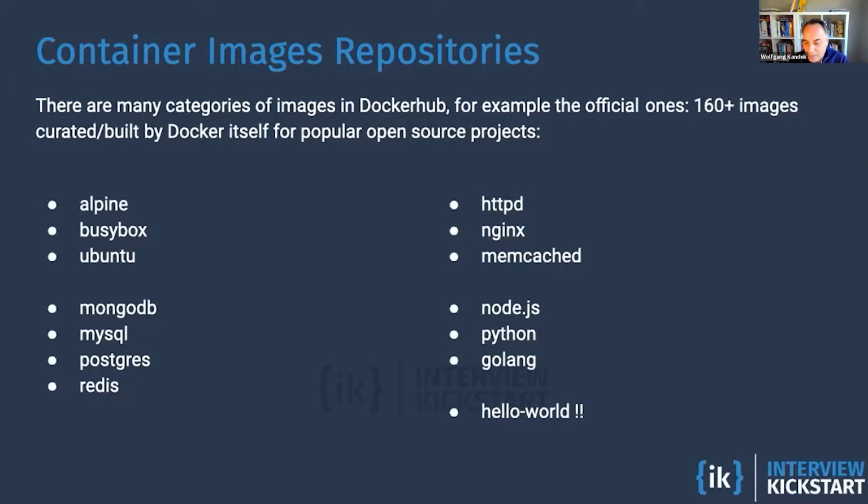You see my Python image there. There's also a Hello World image, which you may want to test to see if Docker works at all. There are MongoDB images, MySQL and things like that. Those allow you to compose things relatively quickly and get going in a very quick way.